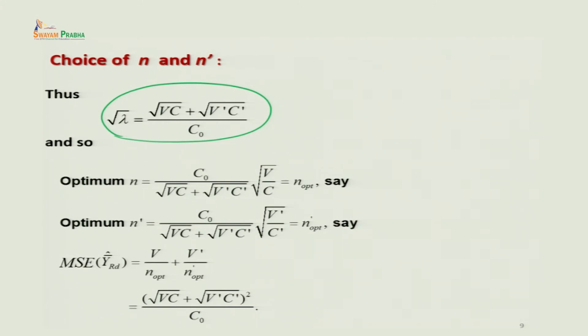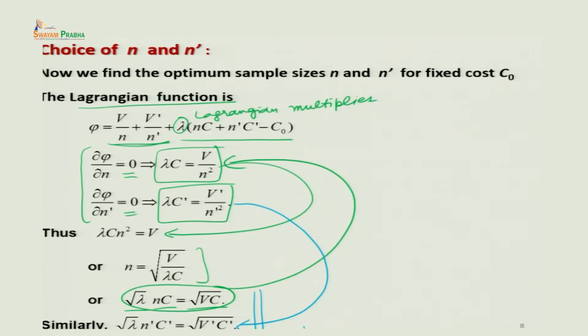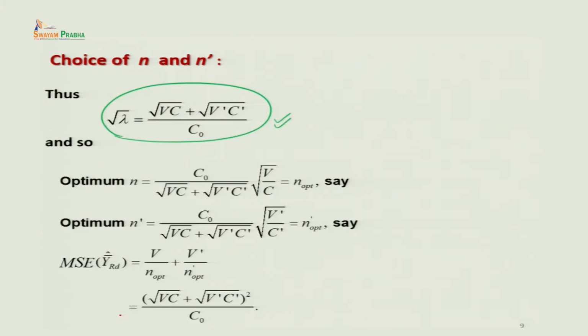Now, using this value of square root of lambda in this place here, I can make it in red color, and here I can obtain the optimum value of sample sizes. You can see this is pretty simple algebra. I have simply substituted these terms.